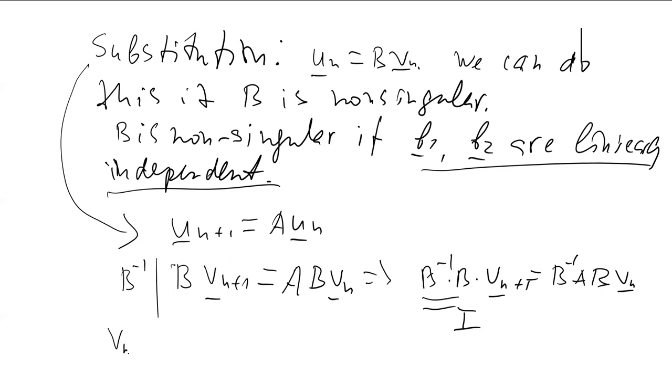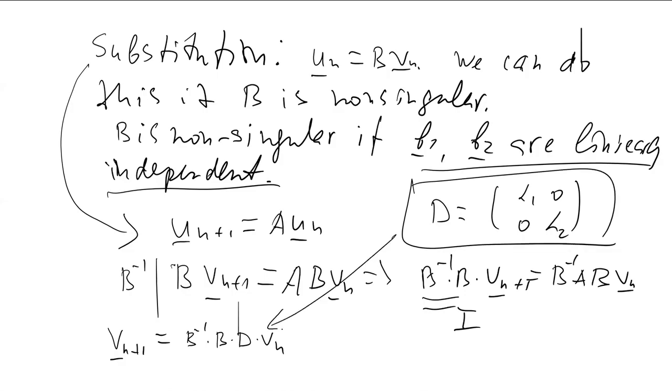Therefore, we'll have v_{n+1} equals inverse of B times, and we know that AB is B times D, times v_n, where D is lambda 1, 0, 0, lambda 2.